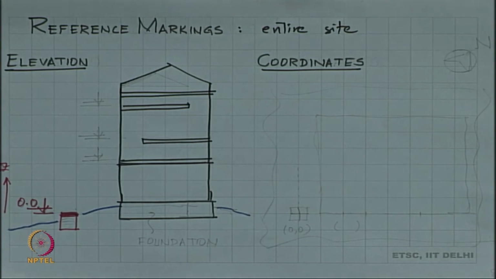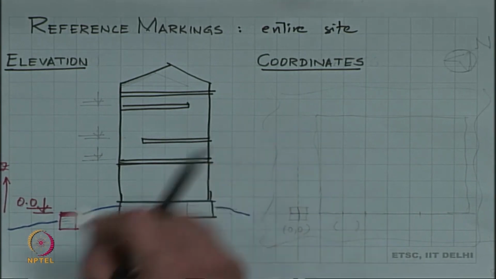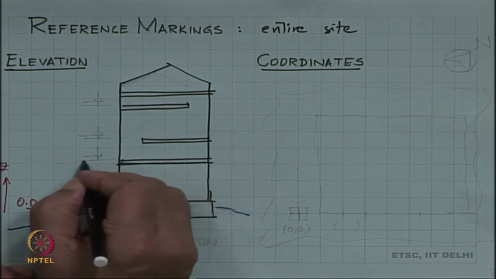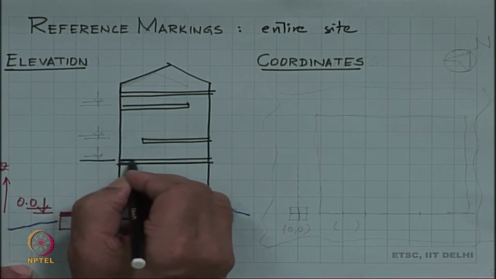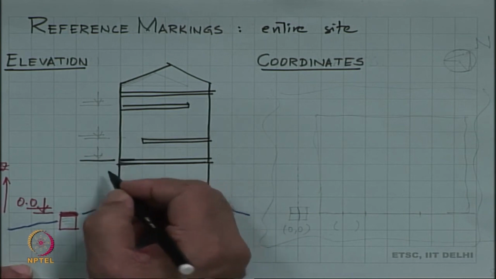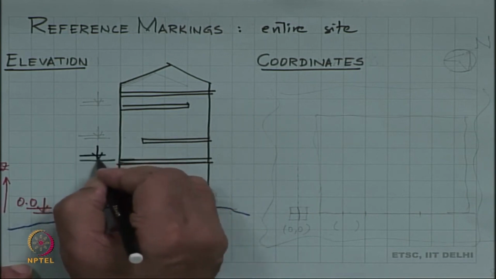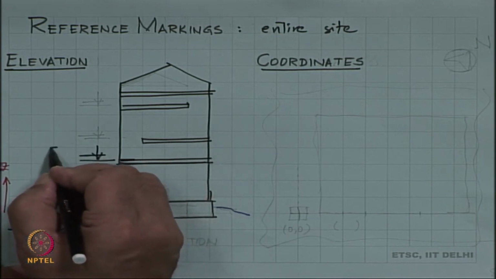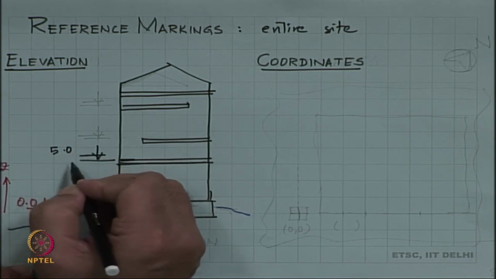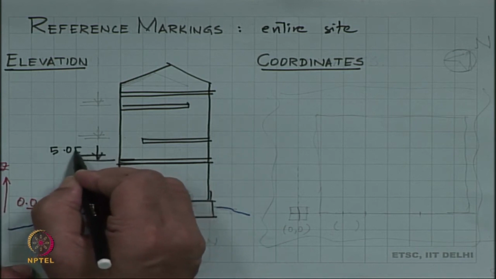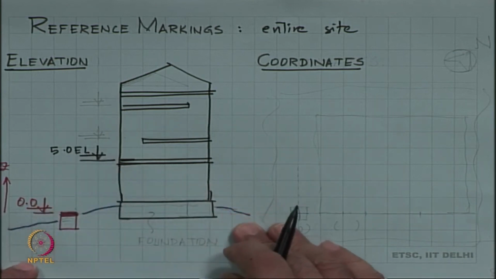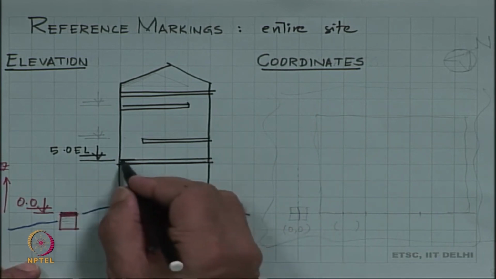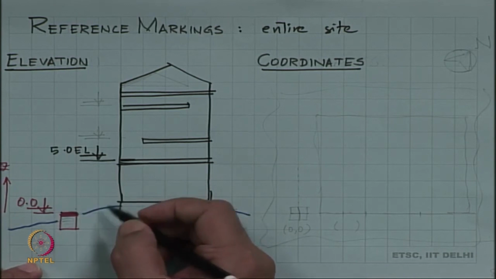And now we want to specify the location of these floors in the vertical direction. So, what one does is to draw a line referencing the top surface of the floor, put this and write the number here. For example, this could be 5.0 elevation. So, either 5.0 or 5.0 EL elevation. This will tell us that relative to the reference, the top of this floor is at 5 meters.